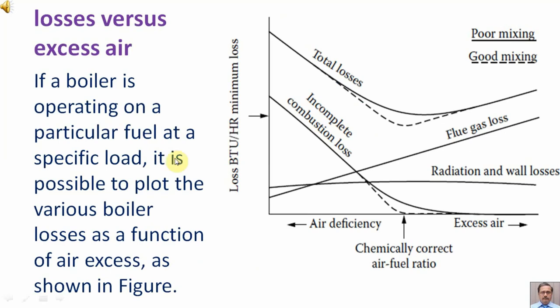Losses versus excess air. If a boiler is operating on a particular fuel at a specific load, it is possible to plot the various boiler losses as a function of air excess as shown in figure.